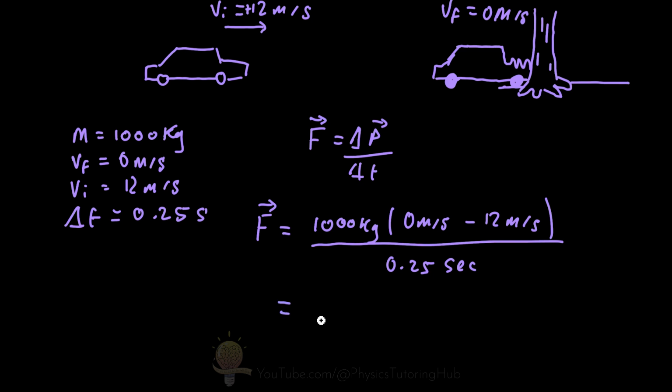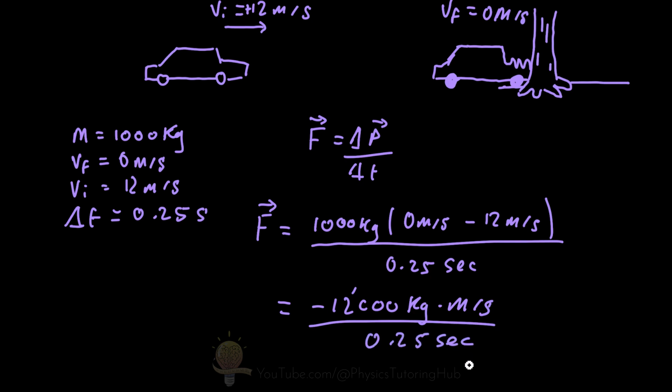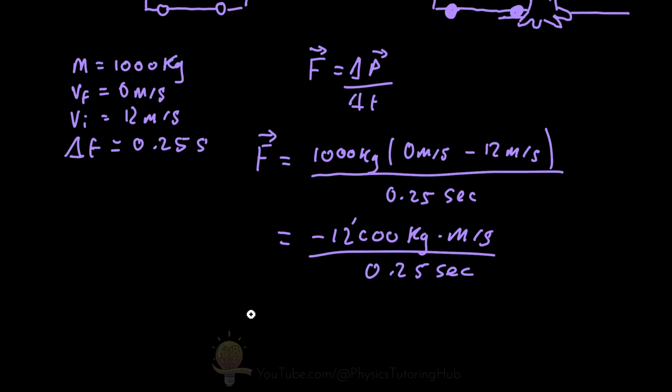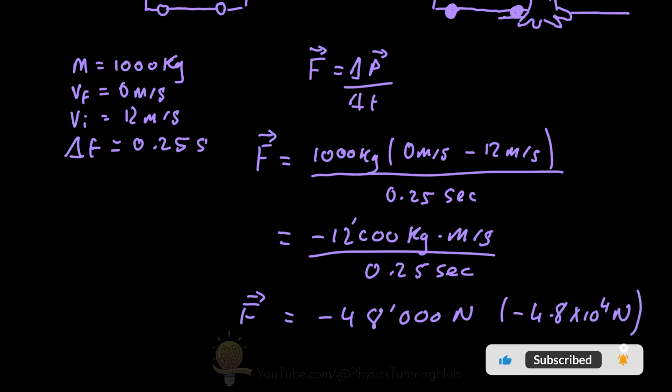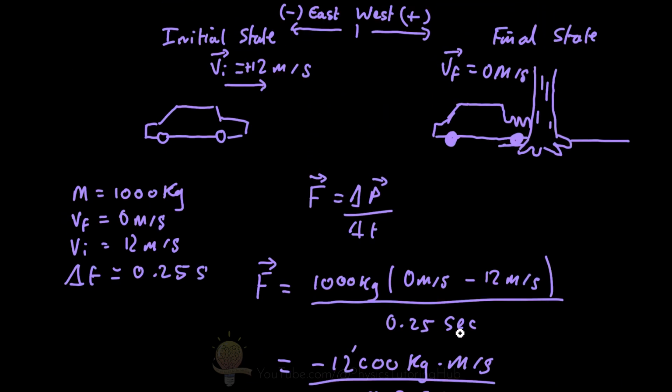This equals a negative 12,000 kilograms meters per second divided by 0.25 seconds. And we get a force of negative 48,000 newtons, or negative 4.8 times 10 to the 4 newtons. And this is the amount of force required to stop this car in 0.25 seconds when it's travelling at a speed of 12 meters per second.